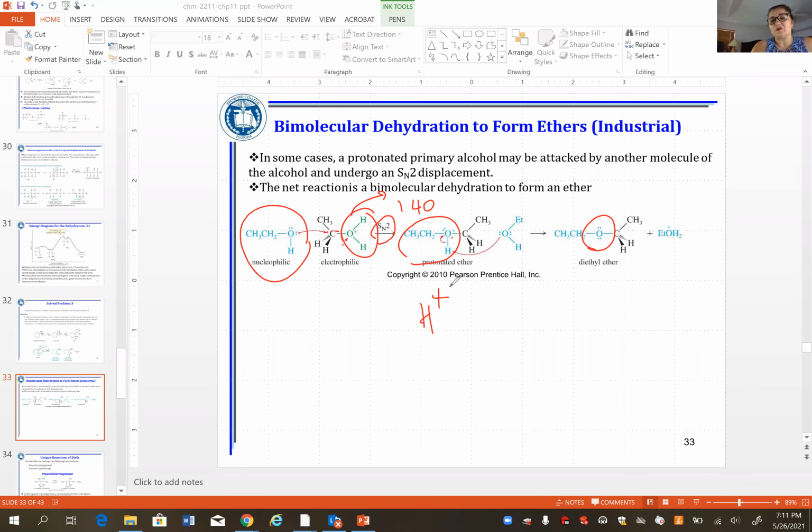And in order to remove H plus, you have to bring in a base, or your solvent must have a pair of unshared electrons to remove the H plus. Since removing H plus in this case is going to yield a stable compound, your alcohol, which could be the solvent, is good enough. So you don't have to bring a strong base to remove the hydrogen ion in this case, because it's going to yield a more stable compound.